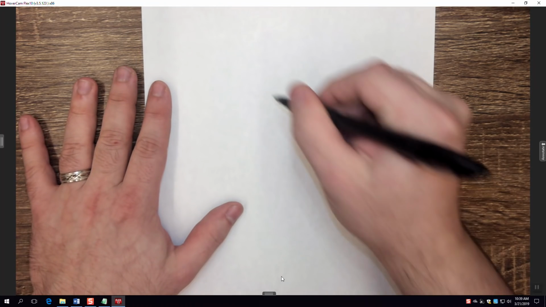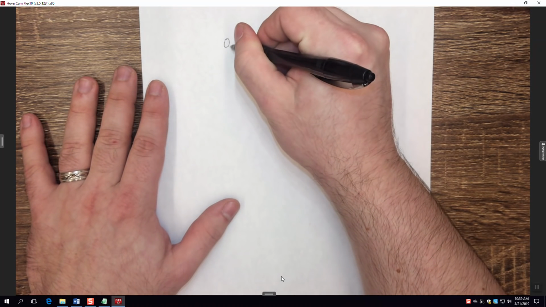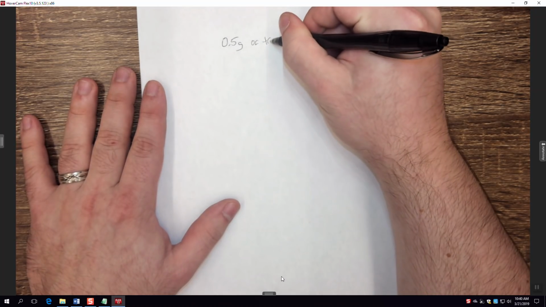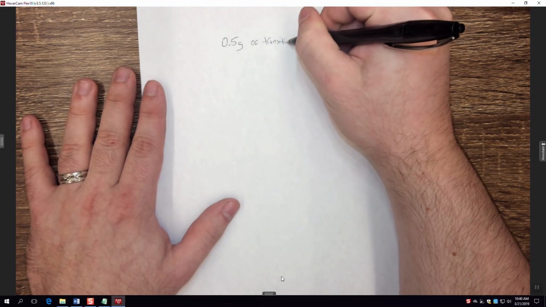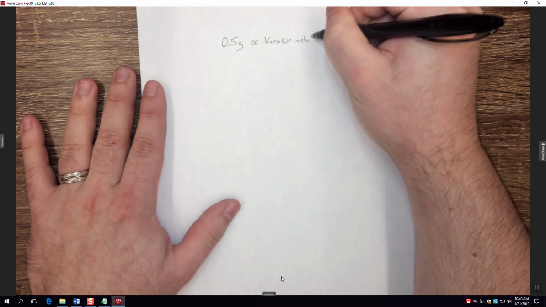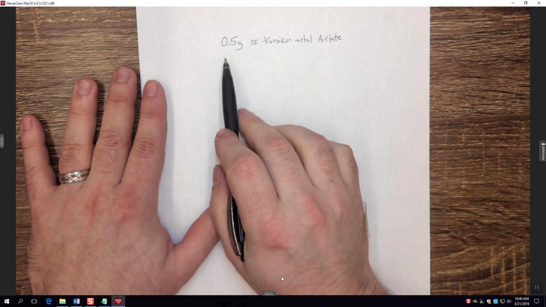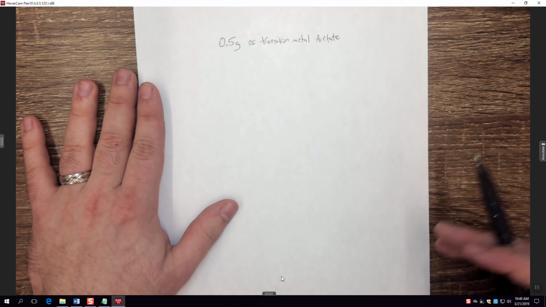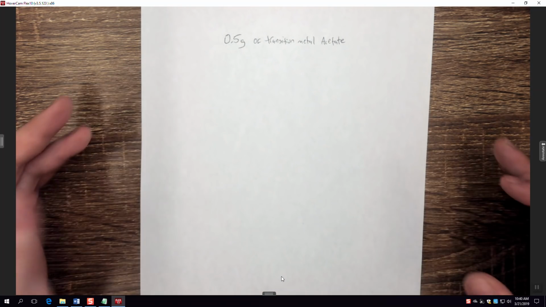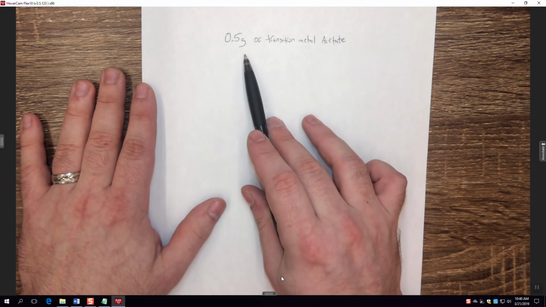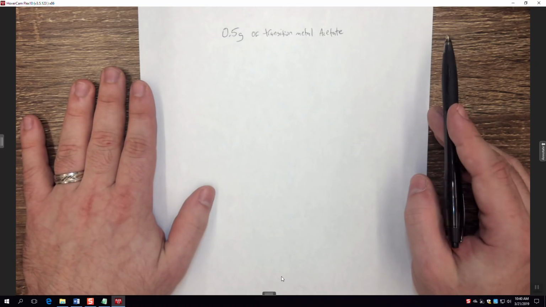The stock solution that everyone should make to start is 0.5 grams of transition metal acetate. And I say 0.5 and not 0.5000 because you don't need that kind of precision, but it is important that whatever mass you do get, you write down so that you can actually calculate the molality.